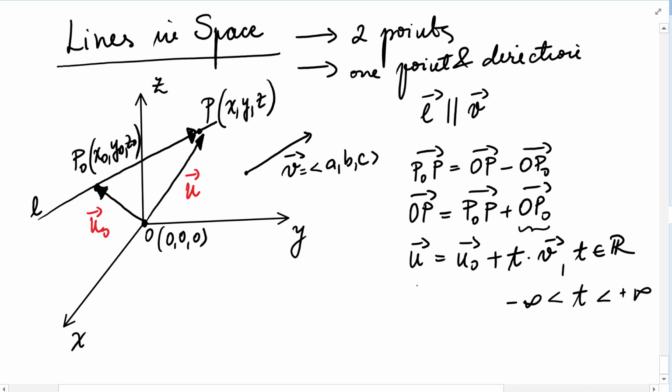This form here is actually the vector form of the equation of a line in space.